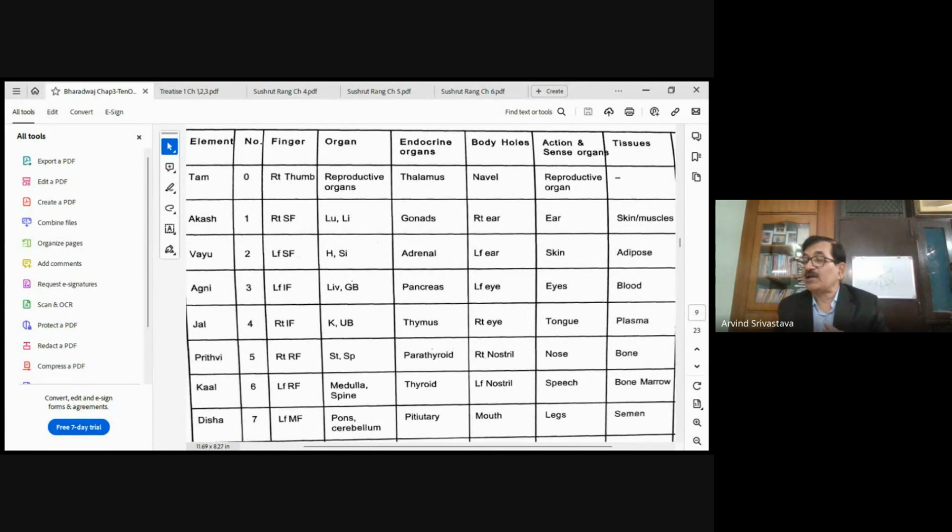They are just creating a world, a new world. So gonads have been kept on Akash, finger number one. They are involved in the creation of a new world. That's why gonads have been kept on finger number one.